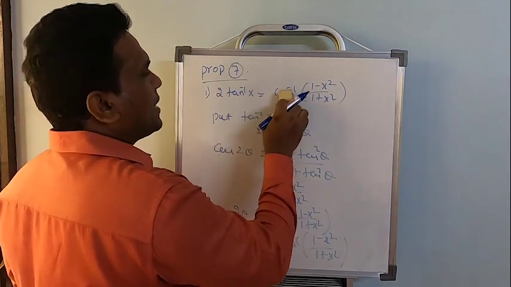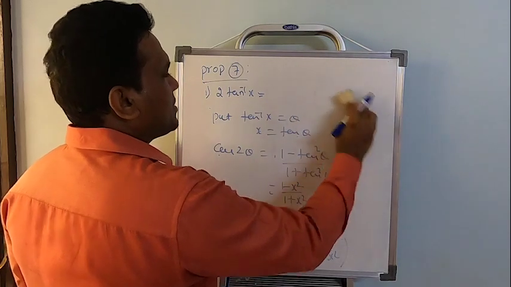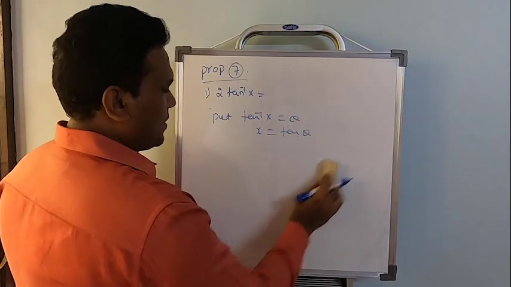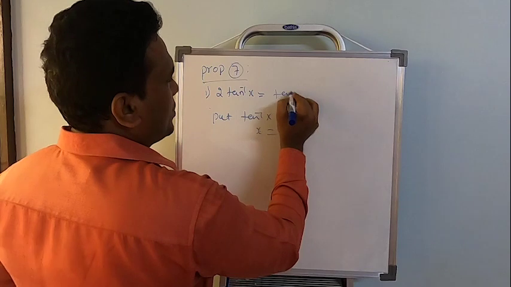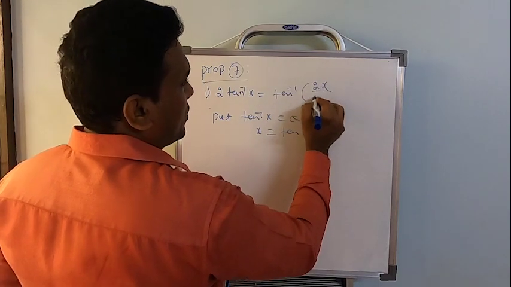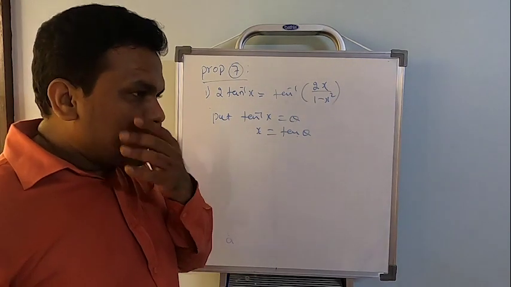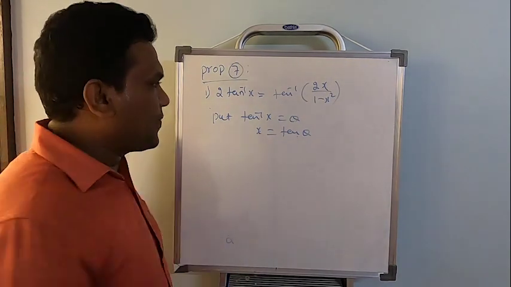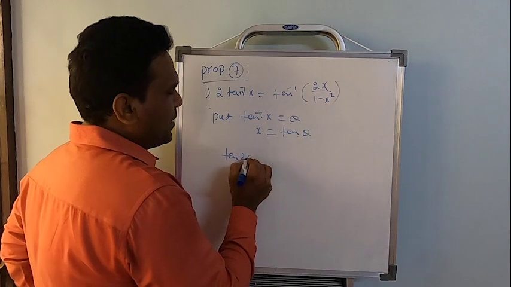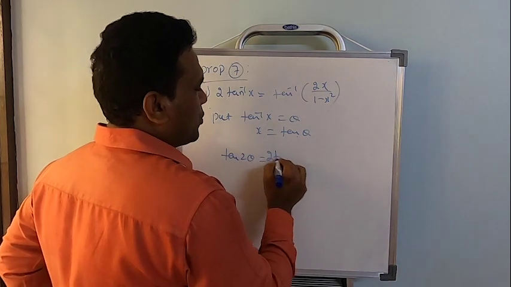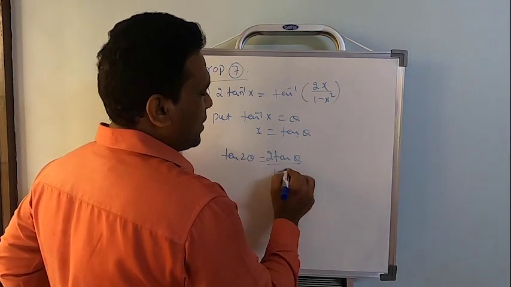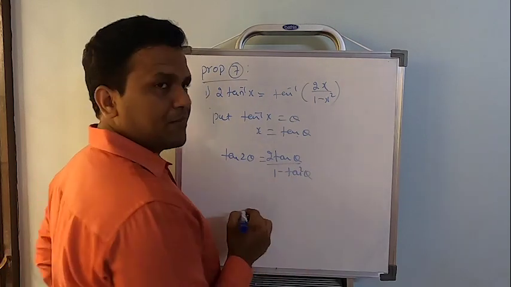The third one was 2 tan inverse x to be expressed in terms of tan inverse. So 2 tan inverse x equal to tan inverse of 2x by 1 minus x square. So the hint is use tan 2 theta in terms of tan. We have a formula: tan 2 theta equal to 2 tan theta by 1 minus tan square theta.